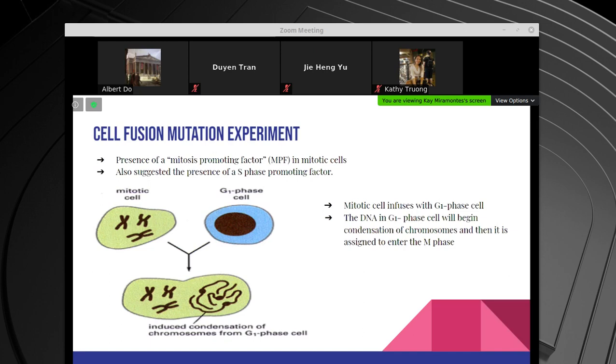Is it that the mitotic cell contains a factor that drives the G1 phase into the M phase? Okay.